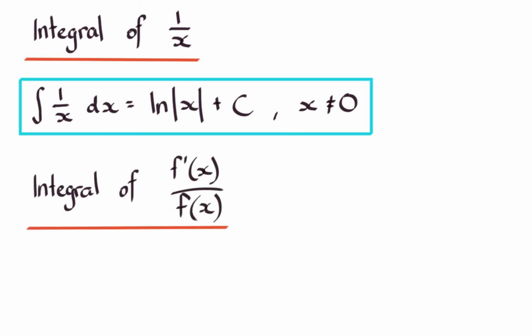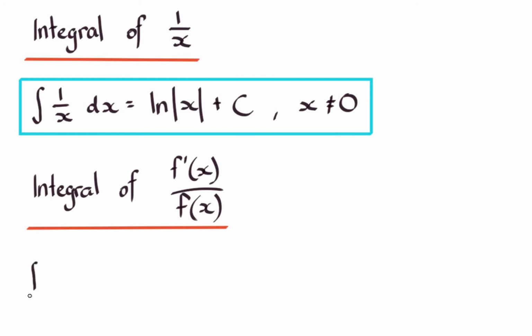Now, as well as the standard hyperbola, 1 on x, we can also look at integrating functions of the form f'(x) over f(x). So this is, for all intents and purposes, the chain rule version when we're dealing with logarithms.